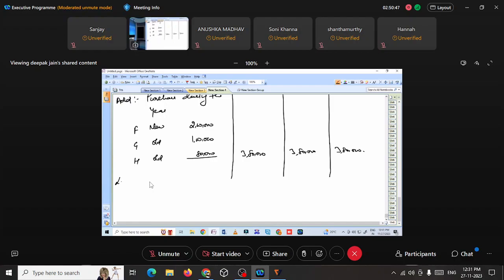Less: money received in respect of assets sold.